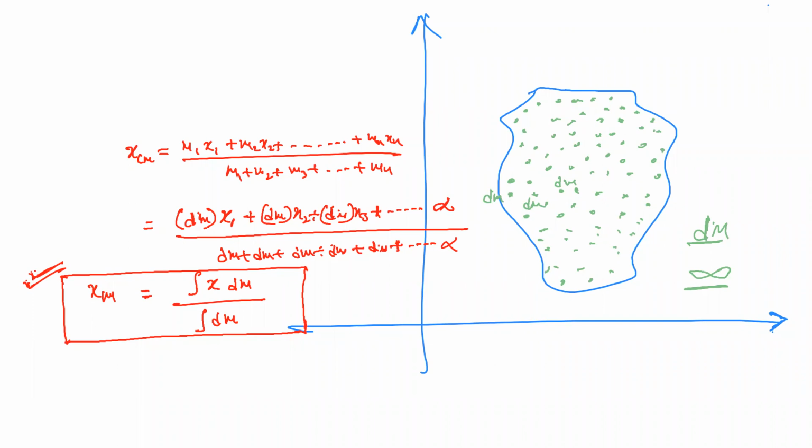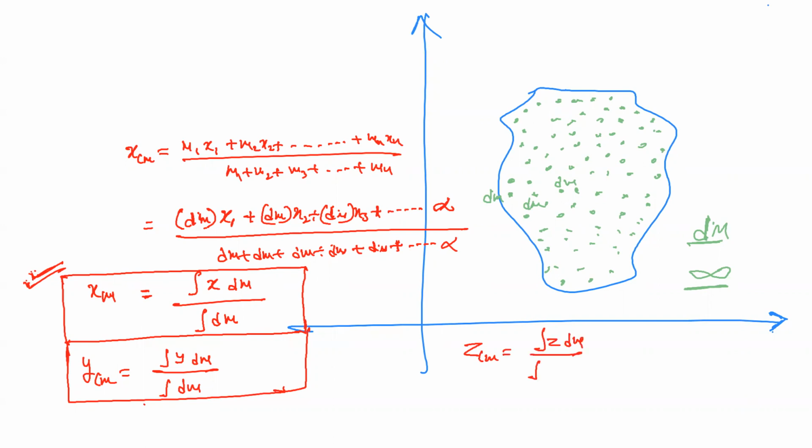But it should definitely be used when a density change is there over the rod. If a formula of density change is given and mass is variable, then we have to use this formula for xcm. Similarly, ycm will be integration y dm divided by integration dm. And zcm is integration z dm divided by integration dm.